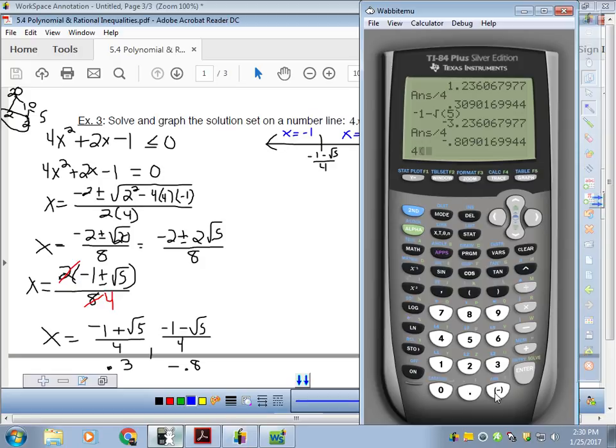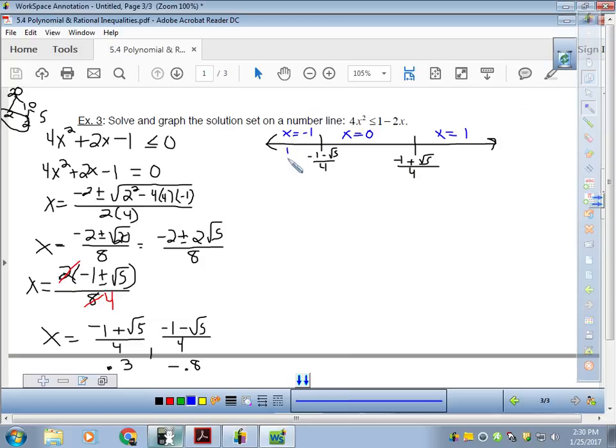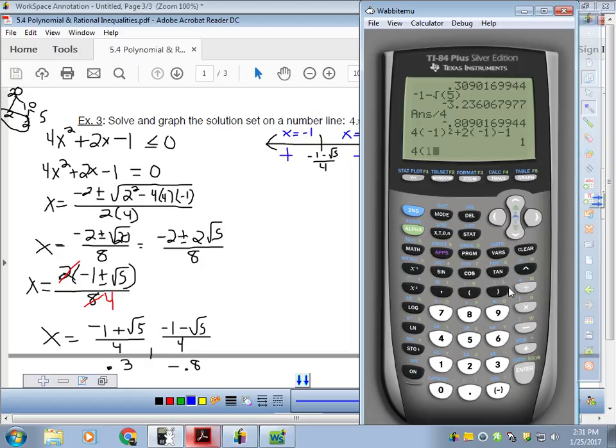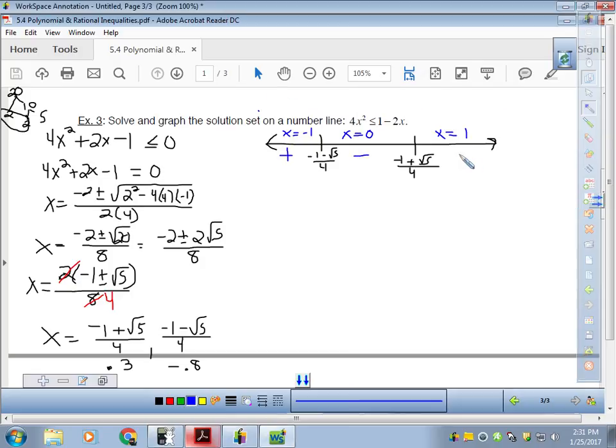So 4 times -1 squared plus 2 times -1 minus 1. That gives us a positive 1. Plug in 0. That's going to be a 0 minus 1. It's going to come out negative. And then plug in 1. 4 times 1 squared plus 2 times 1 minus 1 gives us a positive 5. So this is a positive.